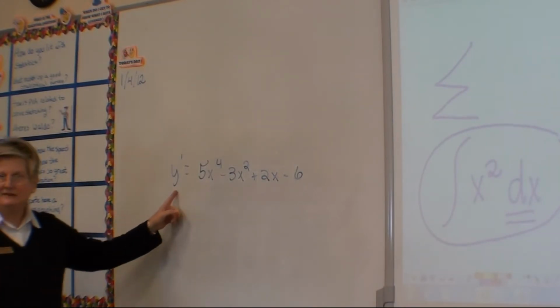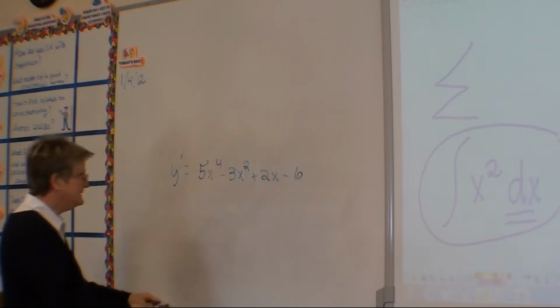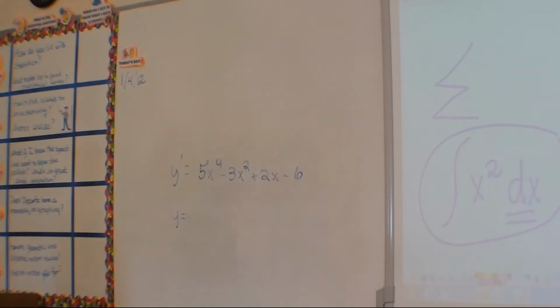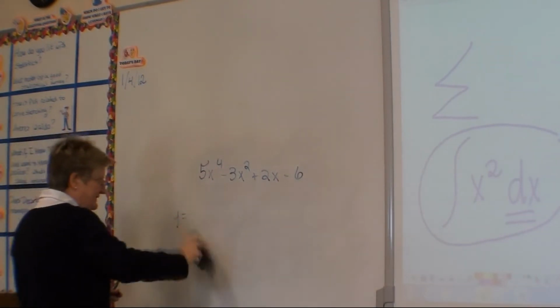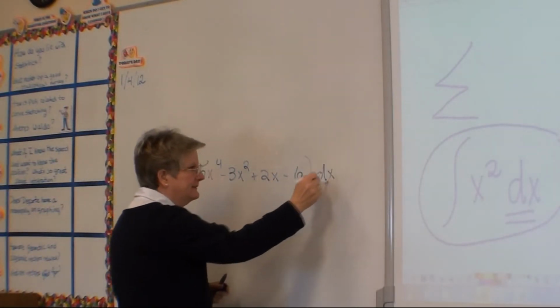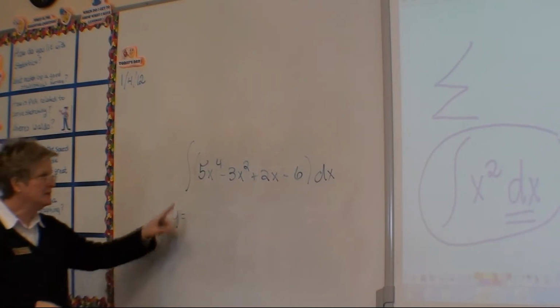Now, what have I given you? I've given you the derivative. I want the antiderivative. So I'm either asking for y, or I'm asking for the original f of x, which the notation is capital F of x. But as we get more sophisticated, it really looks like this. But I'm just giving you the derivative, and I'm asking you for the antiderivative. That's what the integral does.